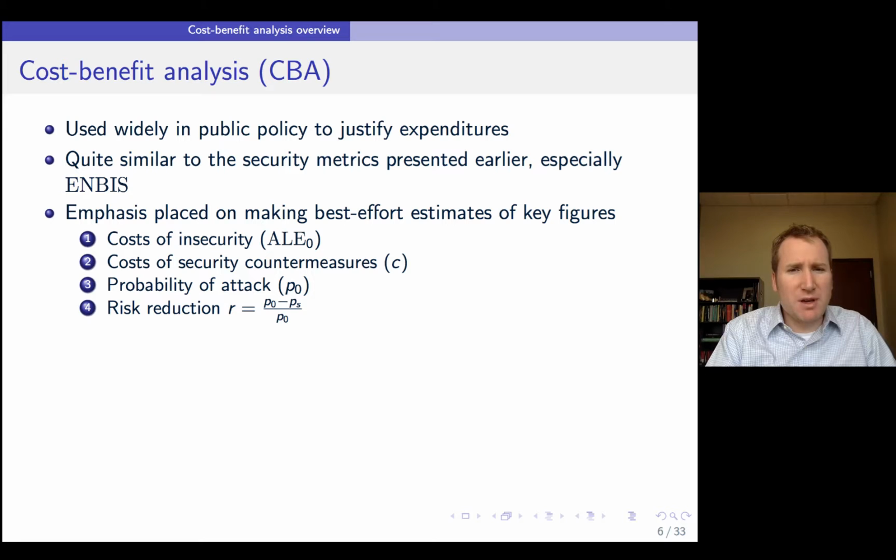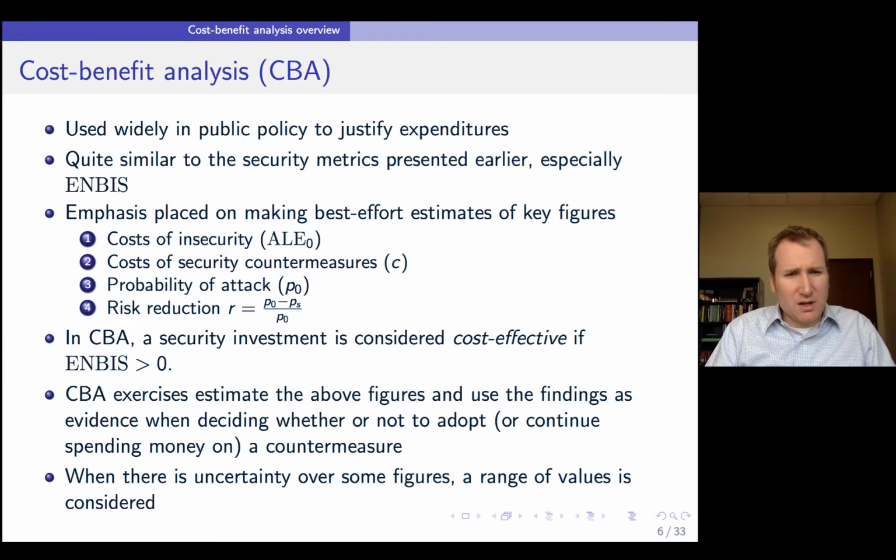The emphasis is placed on first making your best effort estimates of figures like the cost of insecurity, which we know as ALE0, the cost of a security countermeasure, which we know as C, the probability of attack, which we know as P0, and then something else called the risk reduction, R, which we haven't seen before, but isn't all that different from what we've seen. The risk reduction can be thought of as the fractional change in the probability of attack after a security investment. So it's specified as (P0 minus PS) over P0.